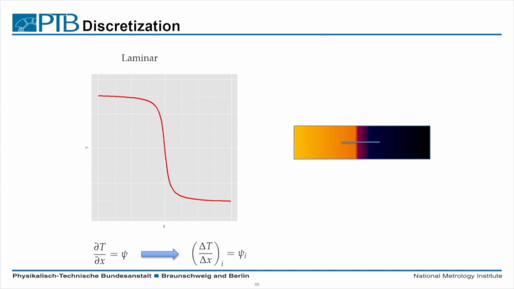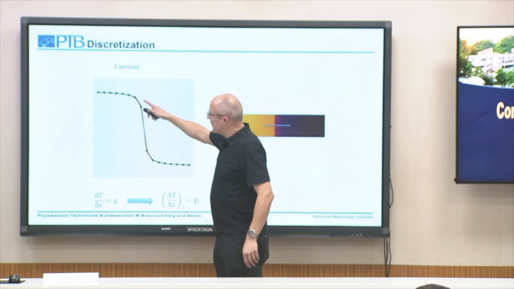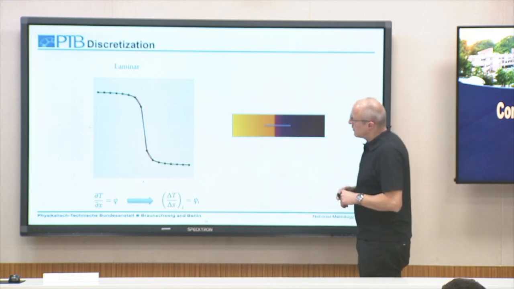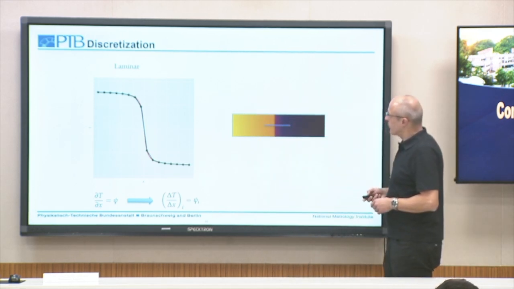So for laminar case, okay, we have a special discretization, and this can be optimized. And so finally, if we have more grid points, our numerical result gives sufficient agreement with the laminar profile here.